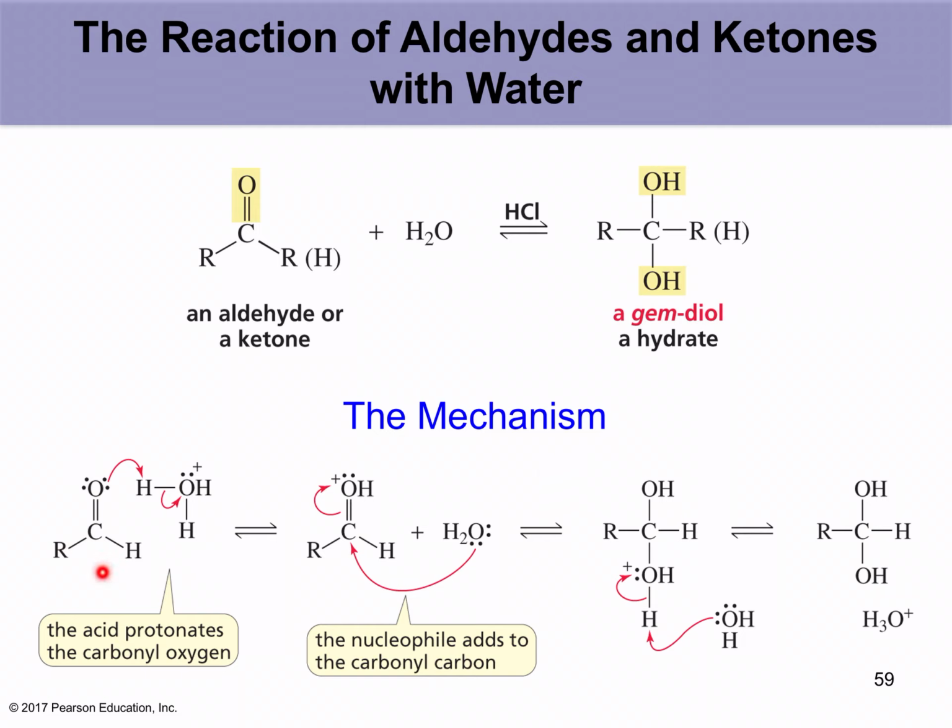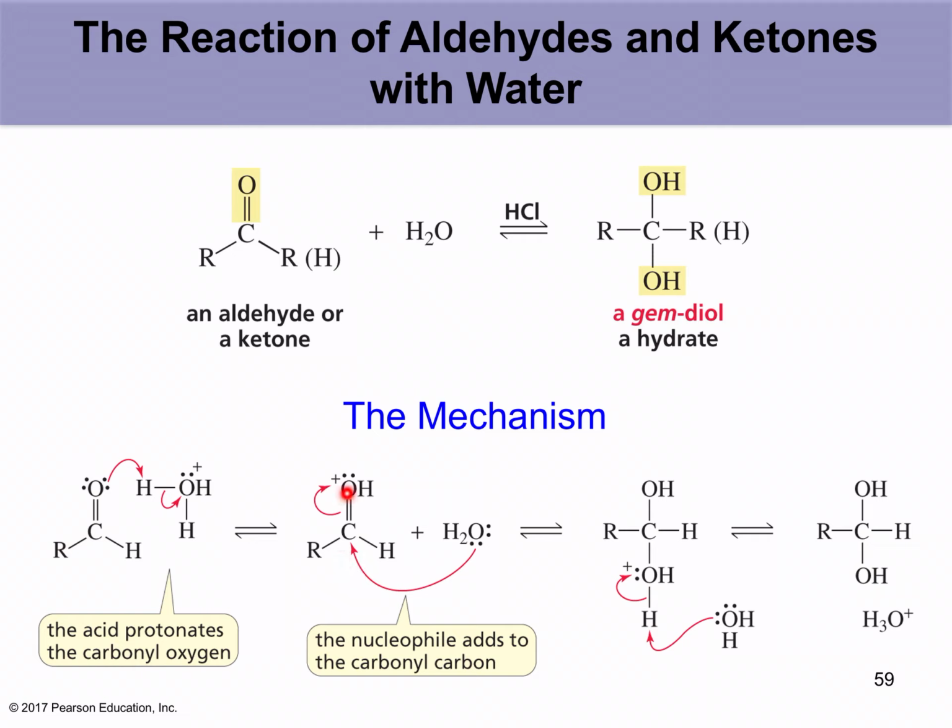Again, we are in the acidic medium. The first thing, in acidic medium, is the oxygen is going to get protonated. Now we have created a site, a carbon, because this is positively charged, and this carbon will become more electrophilic. So the water molecule is nucleophilic enough to come and attack the carbon.